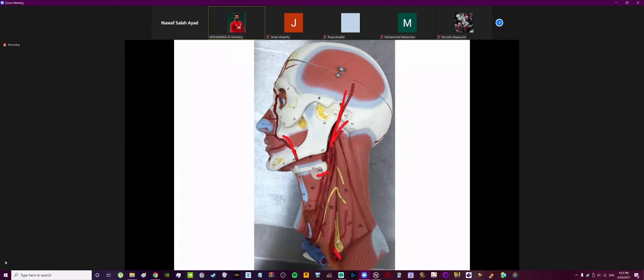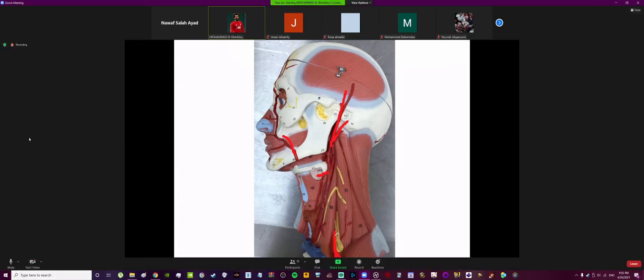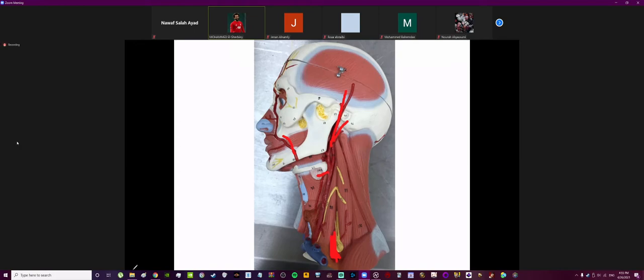Who can identify this artery? And this vein, the same, in between two muscles. There is a muscle in between. Subclavian, okay?